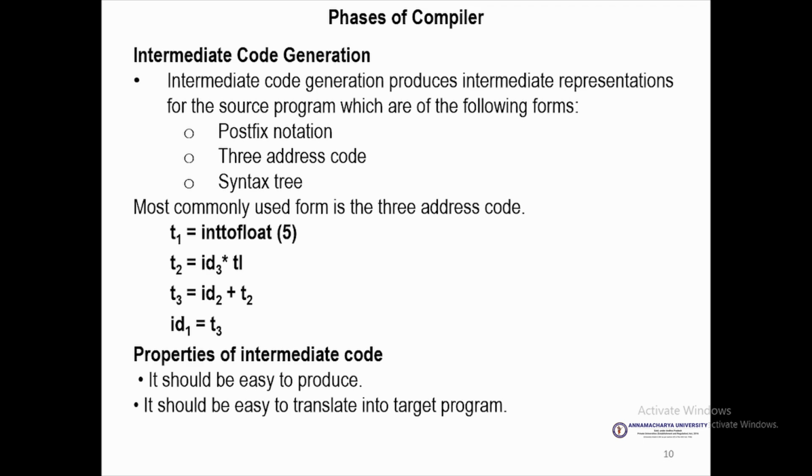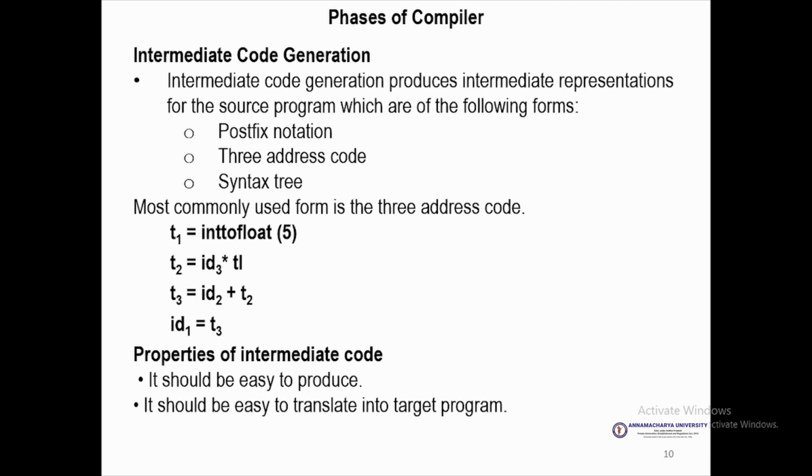The next phase is called intermediate code generation. Intermediate code generation produces the intermediate representation for the source program in forms like postfix notation, three address code, and syntax tree, and the most commonly used form is the three address code.